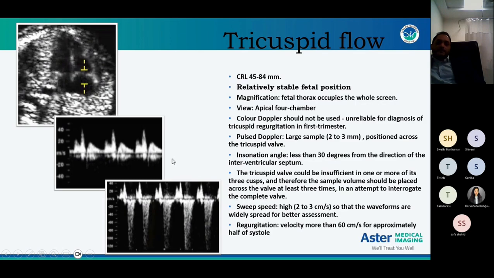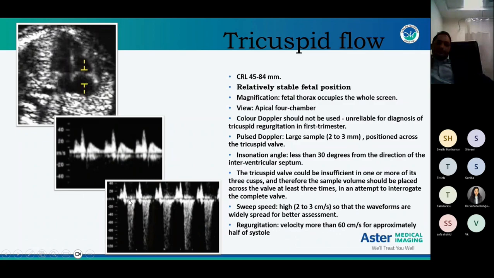So this is the normal tricuspid flow where the regurgitation you can see here is not even 20 centimeter per second. What happens in regurgitation is the tricuspid flow will show a jet of reversal, which is more than 60 to 80 centimeter per second, and it lasts for more than half of the systole.